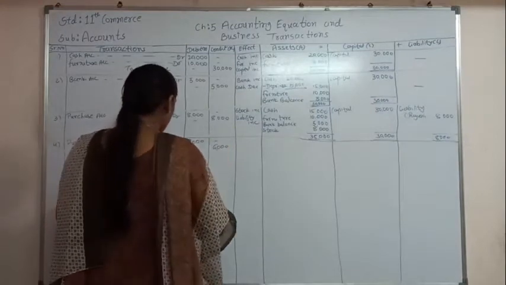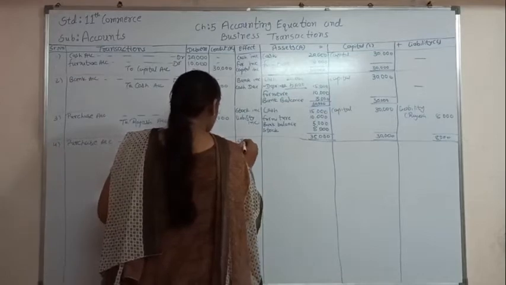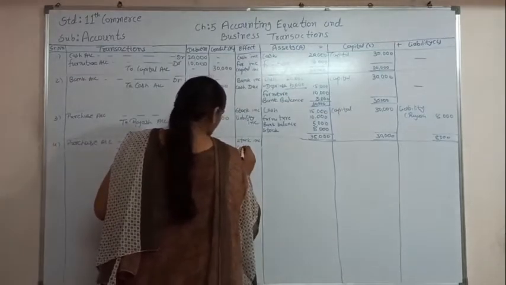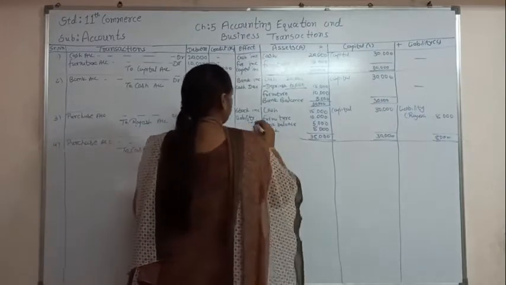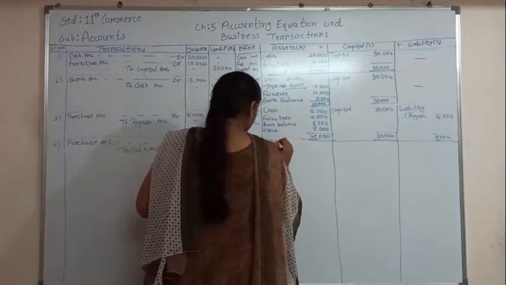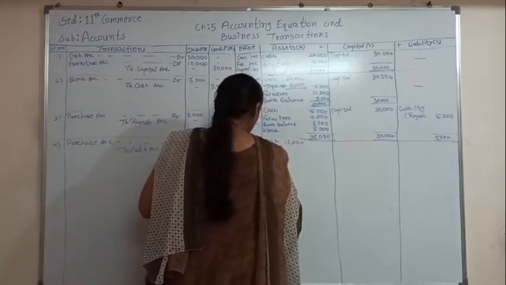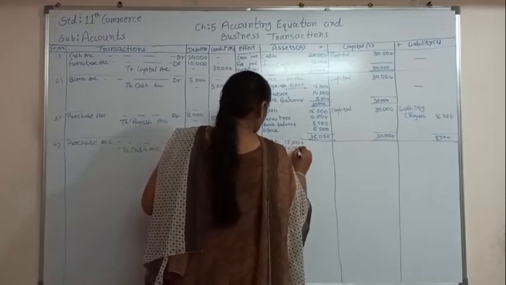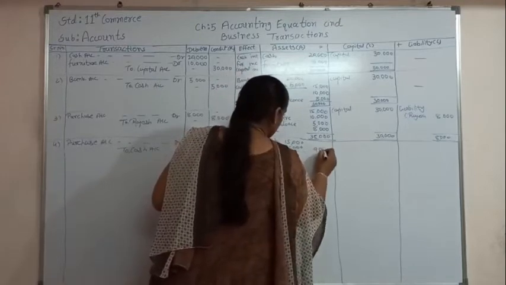So here, because of this transaction, again stock is going to be increased, and it is a cash transaction, so cash is going to be decreased. So here, cash is of 15,000 minus purchase. Purchase is of rupees 6,000. So balancing cash will be 9,000.